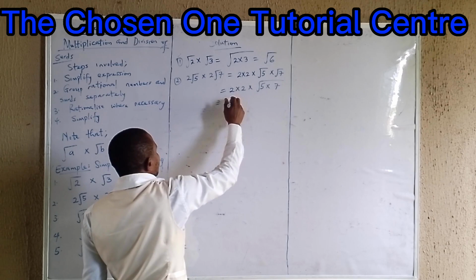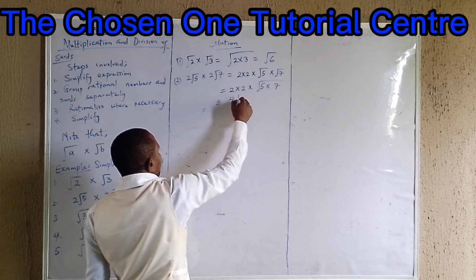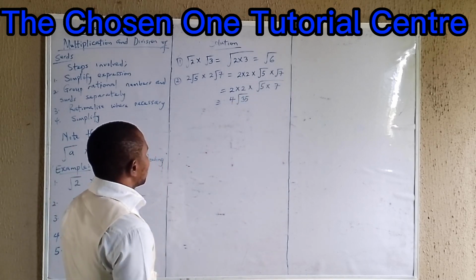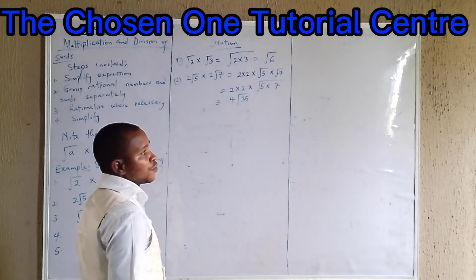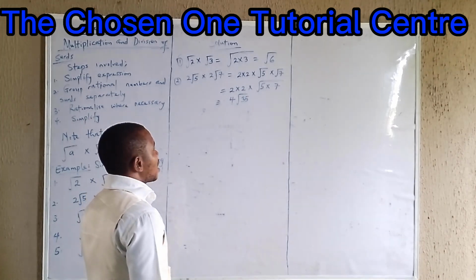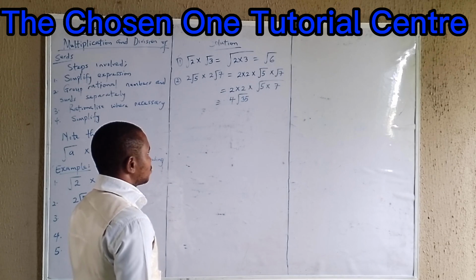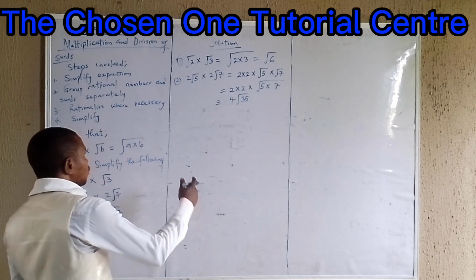And we are going to have 2 times 2 to give us 4. We are going to have 4 root 35. We can leave our answer in this form, and we can also proceed further to express our answer in a basic form of surd, in a single form, rather.